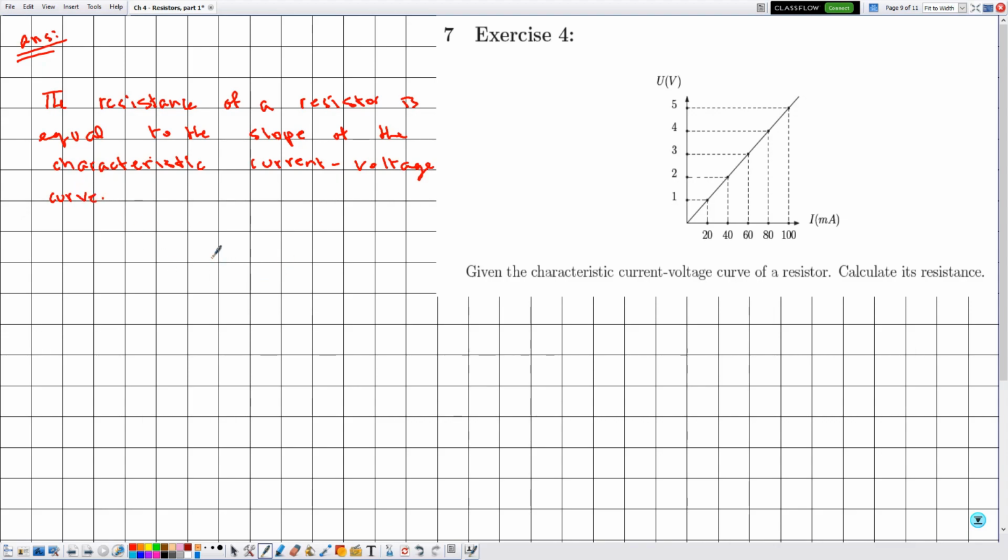And now step number 2 is to choose any 2 points belonging to this curve. Let's choose this to be the point A and this to be the point B, for example.